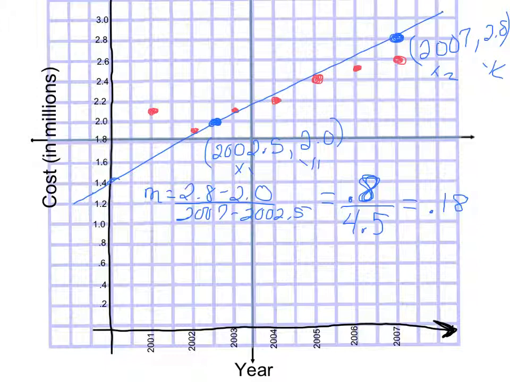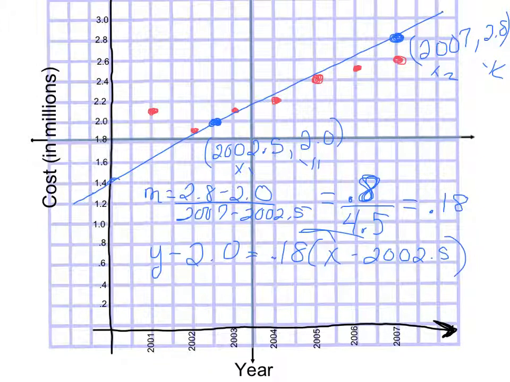Now that I know the slope, I can go ahead and say y minus my y1 equals my m times x minus my x1. And I'm going to go ahead then distribute. I'm going to get y minus 2, because I don't need the 0.0, equals 0.18 times x minus 360.45.